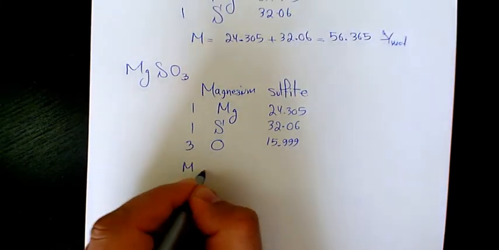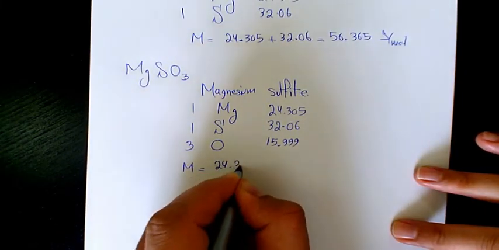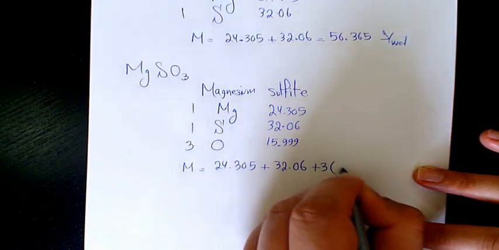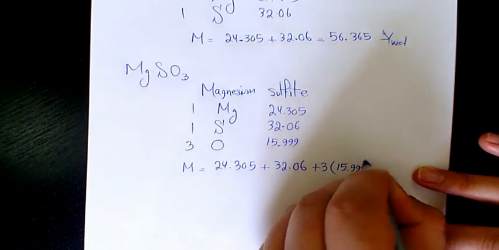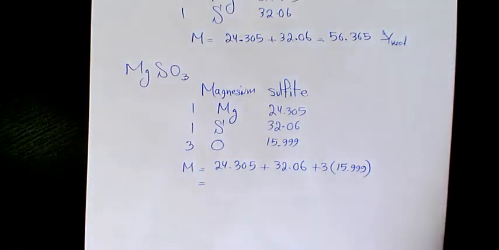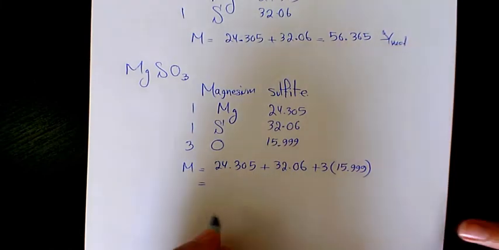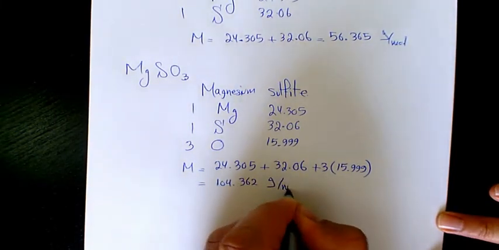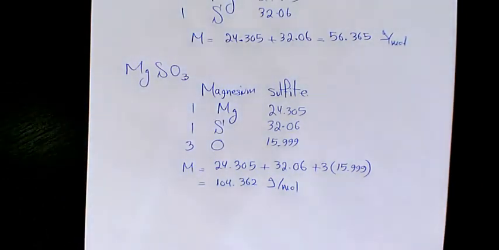So M will be 24.305 plus 32.06 plus 3 times 15.999. That's going to be 104.362 grams per mole. That's the molar mass of magnesium sulfite.